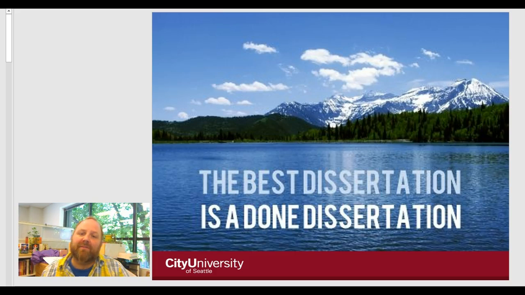One key thing to remember, and this is important, is the best dissertation is a done dissertation. You're going to hear this a lot, and the concept behind it is that you are going to want to make this dissertation great. You're going to want to do too much. You're going to want to study things in deeper detail than you need to in order to be finished.